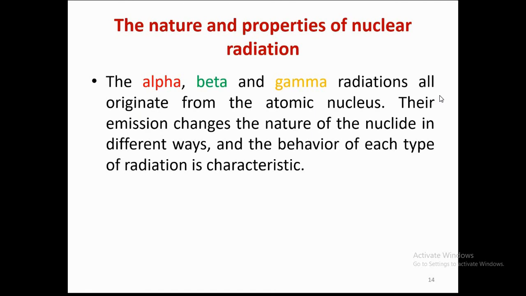Up to now, you should only know the equation of activity, the equation relating the number of nuclei with activity, and the last is the equation for calculating the half-life time, which is equal to 0.693 divided by lambda.